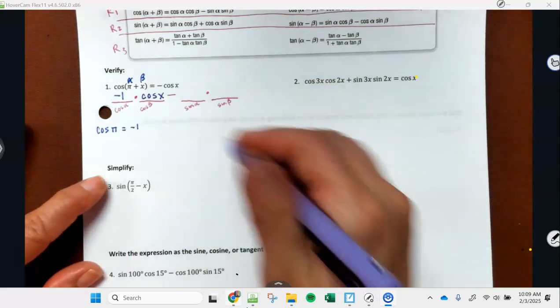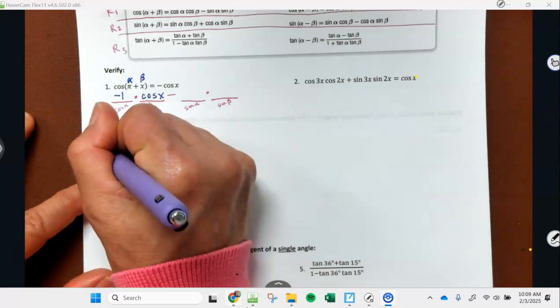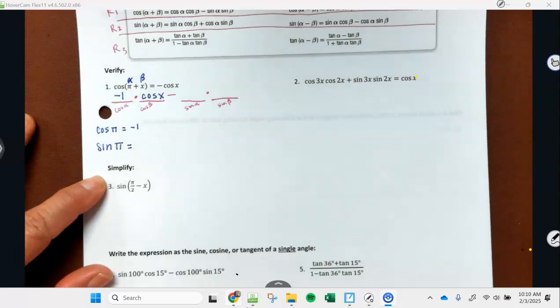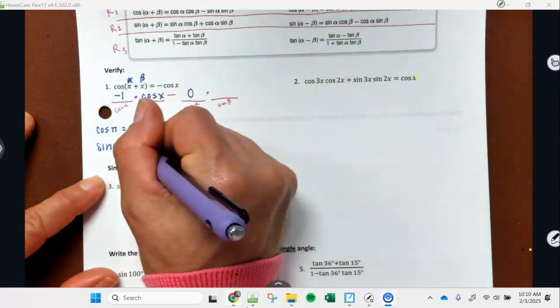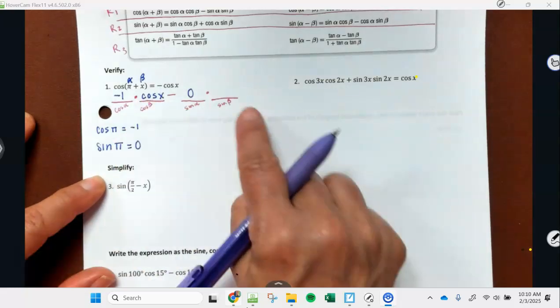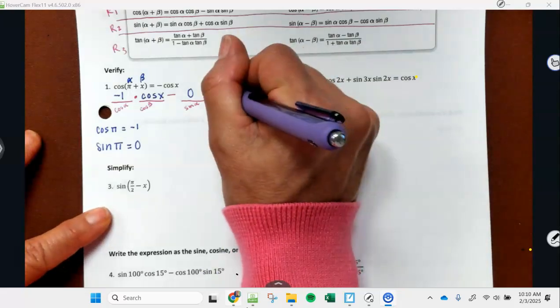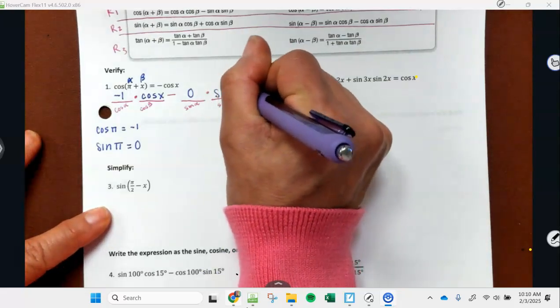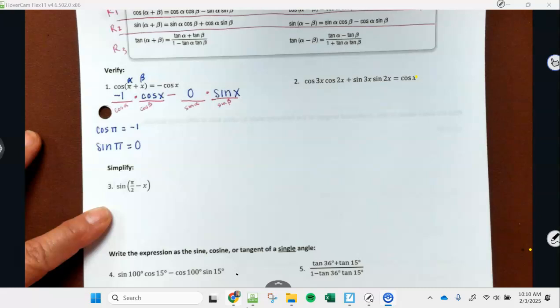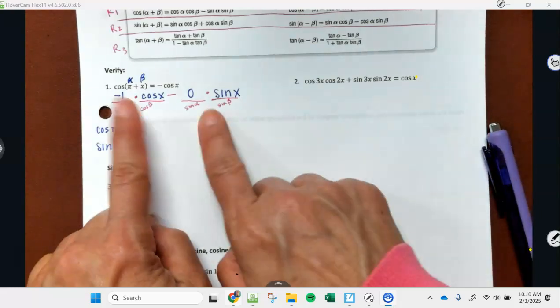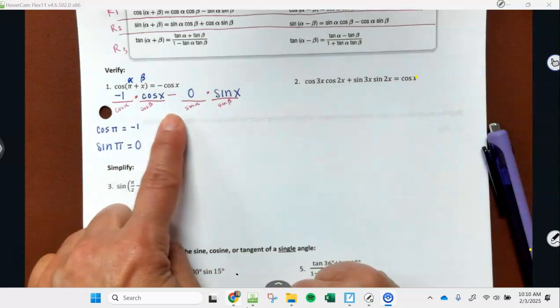Now let's talk about sine alpha. That's going to be the sine value of pi. What is the sine value of pi? It is. Good job. So 0 is going here. And sine beta is sine x. I don't know what that is. So sine beta is just going to have that unknown there. All right, let's do our little order of operations. Let's multiply these two and then subtract them.